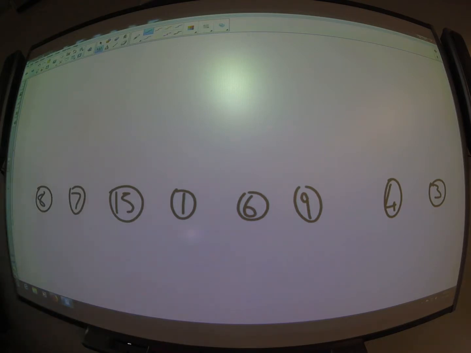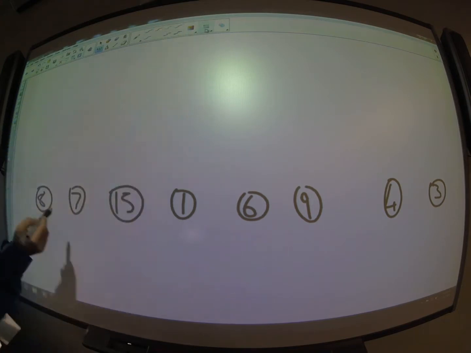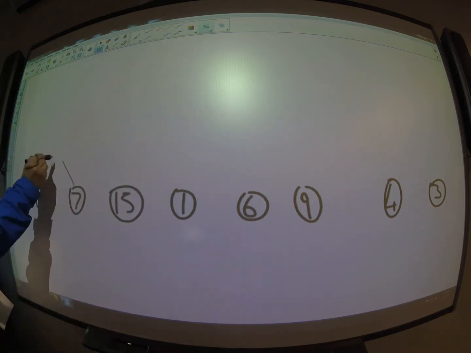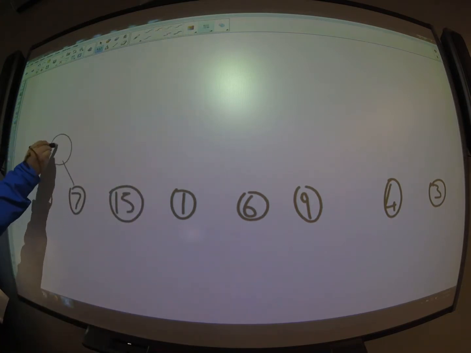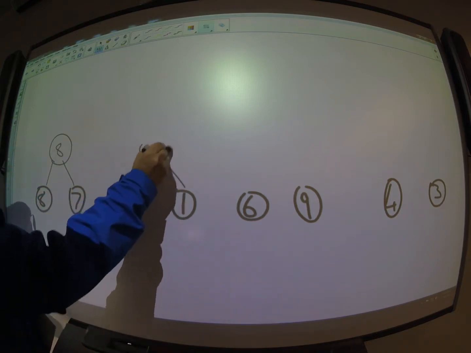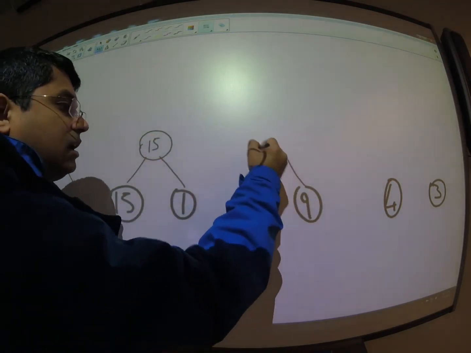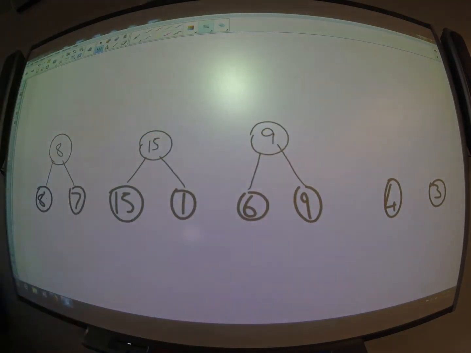So it's not going to be a surprise to you that I am going to find the max using pairwise comparison. Because we learned yesterday, if I make pairwise comparisons, then I'm minimizing the number of searches for sure. So let me do that. I will compare 8 and 7, and the greater of the two will be 8. Then I will compare 15 and 1, and the greater of the two will be 15. 6 and 9, greater will be 9.